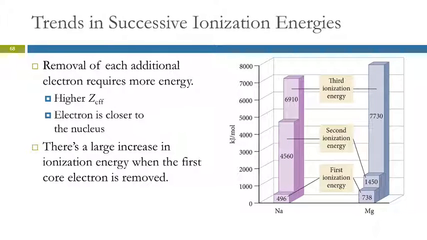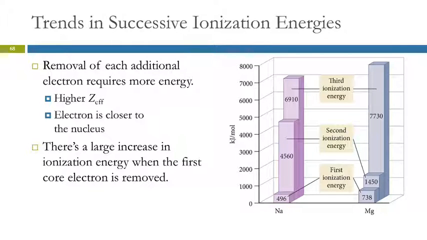Now this is a little more important to grasp, trends in successive ionization energies. So that's looking at the first, the second, the third ionization energy for the same atom. So let's look at sodium. The first ionization energy, 496. So you took one electron off. The second ionization energy is a lot more.